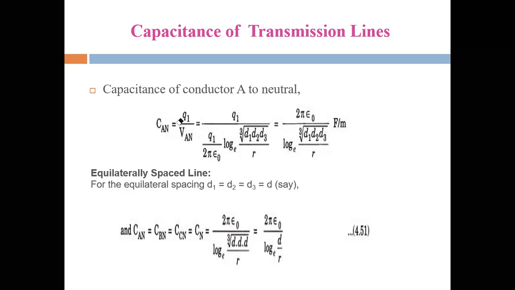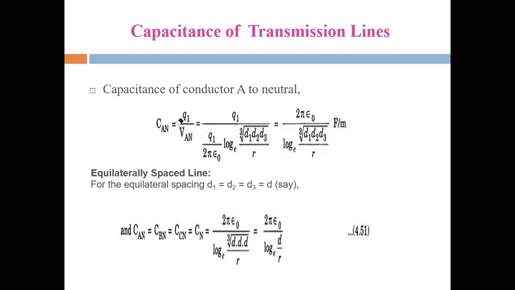After that we calculate the capacitance CAN, which is equal to Q1 by VAN. Similarly we write the formulas for CBN and also CCN.